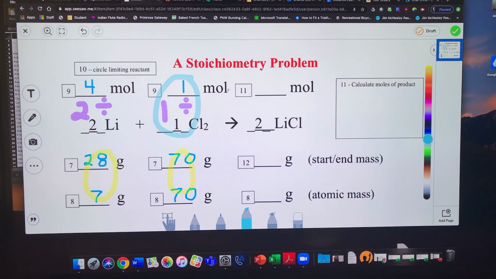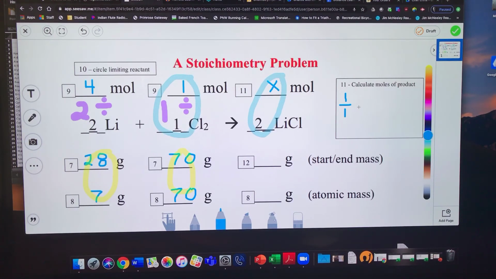All right, step number 11. We'll keep going here. The next step is I take the limiting ratio here, 1 and 1. So I'm going to write that over here. 1 divided by 1. Okay, and over here, x. That's what I want to know. And I'm going to use this same set of numbers right there.